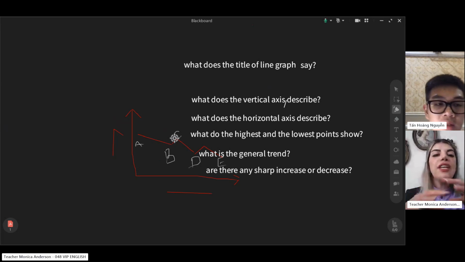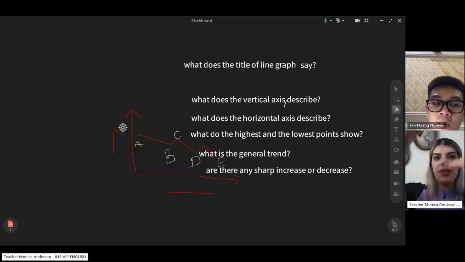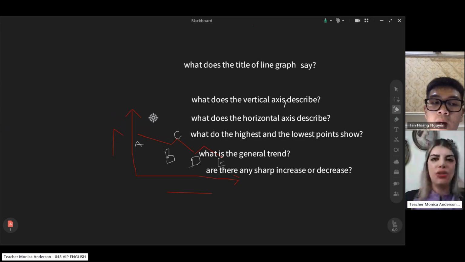The general trend means whether you can see significant and sharp changes or differences in different points or not. Sometimes I see there is no big change. So I can say countries B, C, D and E have the same situations. They're similar. This is my general trend.